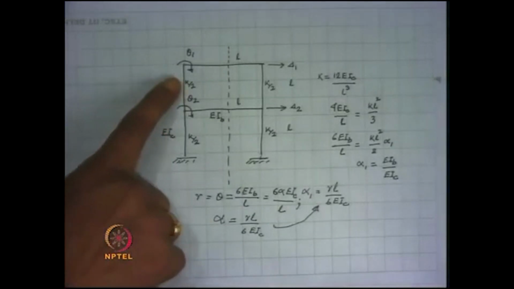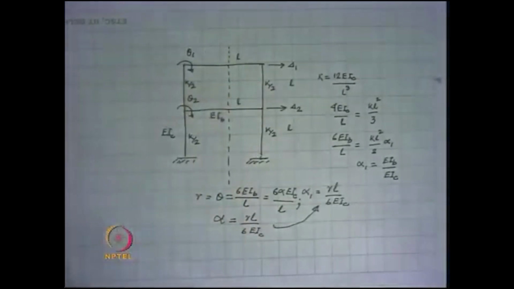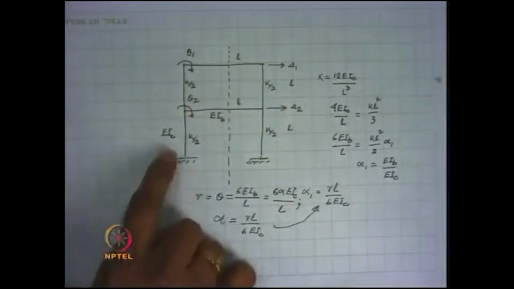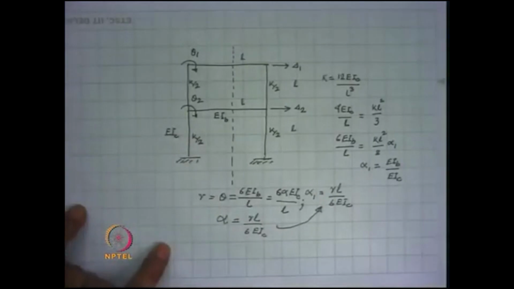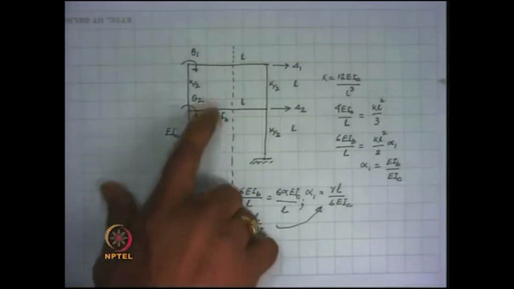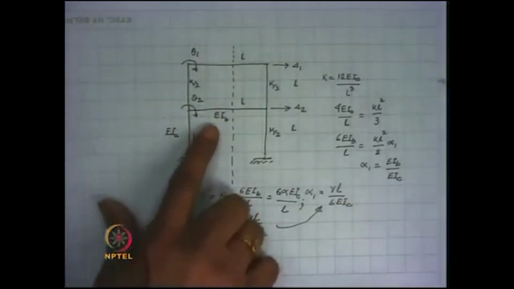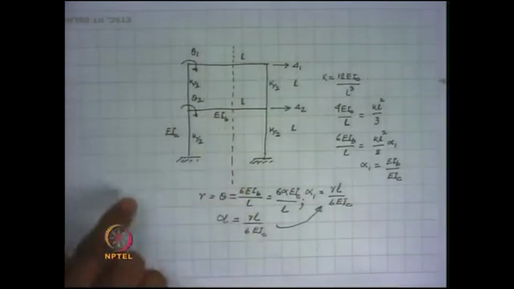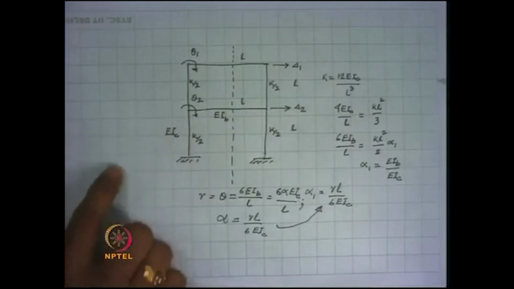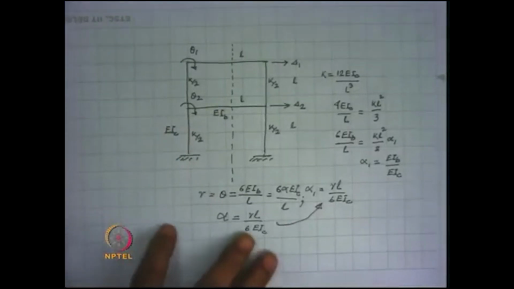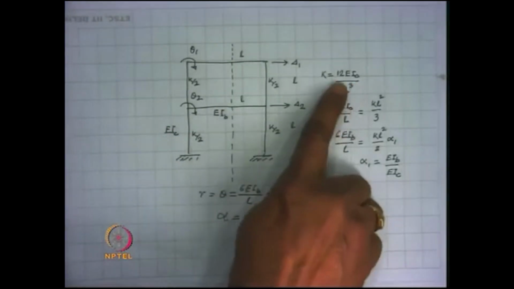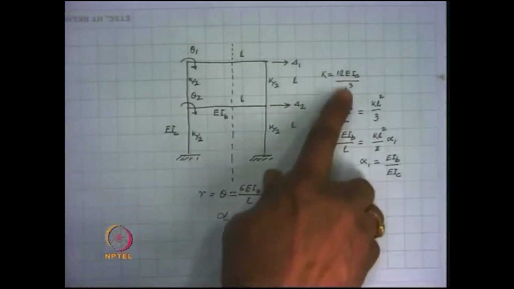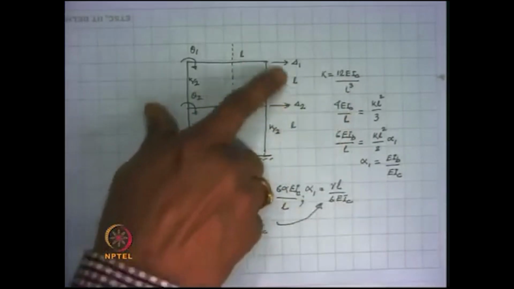The stiffnesses of the upper story columns are k by 2, k by 2. So, the total stiffness is k. For the bottom also the total stiffness of the columns is k. The beams have a flexural rigidity of EIB, and the flexural rigidity of the columns is EIC, and k is equivalent to 12 EIC by L cube, where L is this length.